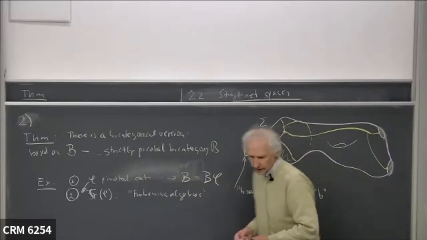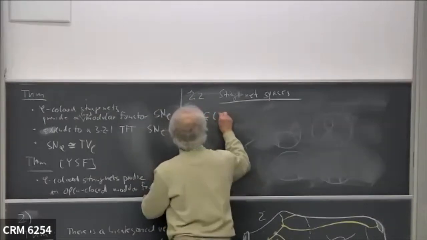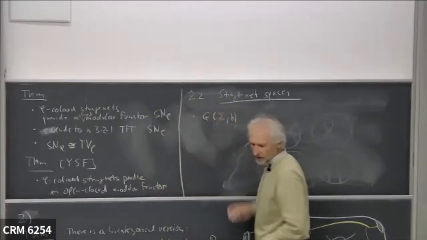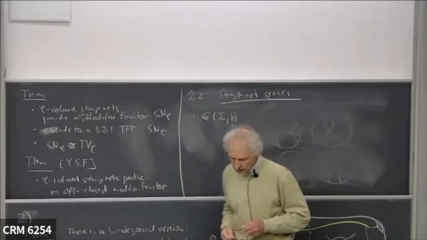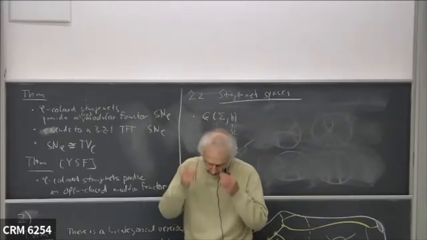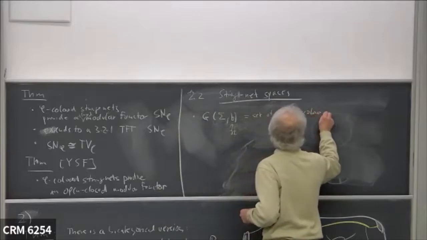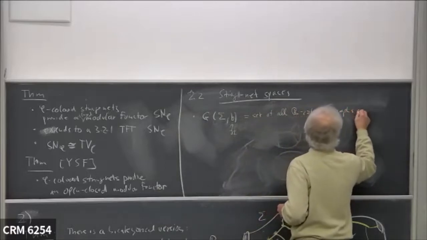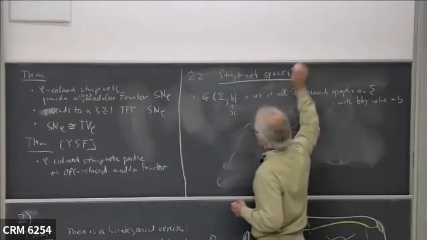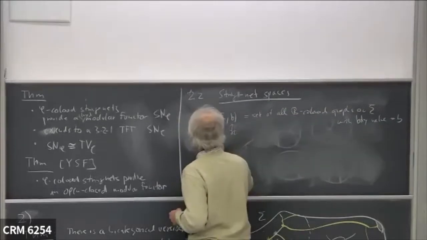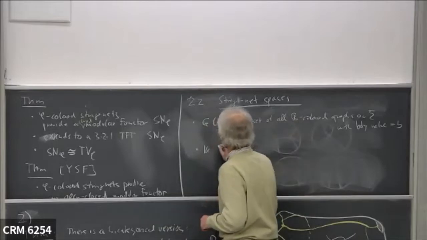And once I have this notion, I can define the following: for a fixed bordism sigma, with a fixed boundary value B on its boundary, the set of all B-colored graphs on sigma with boundary value equal to B. Then I look at the vector space freely generated by these graphs.